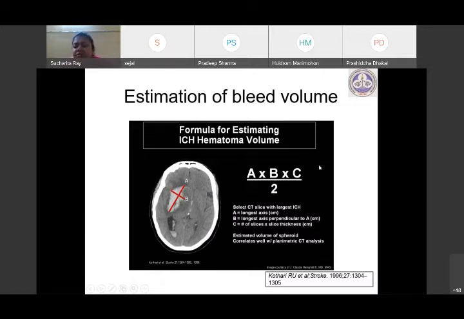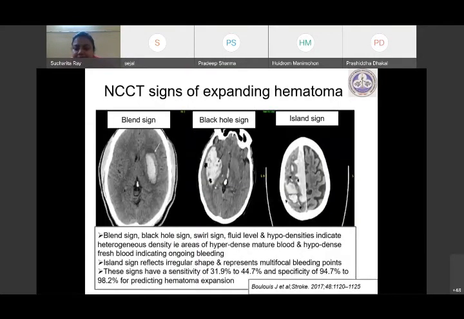A simple calculation: you multiply the 3 axes and divide by 2 to get the volume. You might have a 7 to 10% error in the actual volume estimation, but it's a pretty robust way of finding out the volume of the bleed.